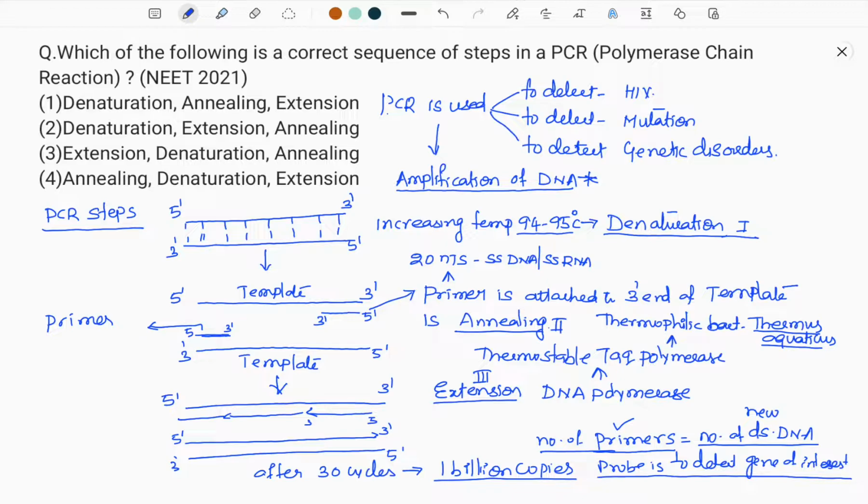So probes are single stranded DNA or RNA of small stretches that are radioactively labeled and complementary to a small part of the desired DNA. They are used to detect the gene of interest by hybridization procedure in the sample of DNA segments. That is probe. Do remember.